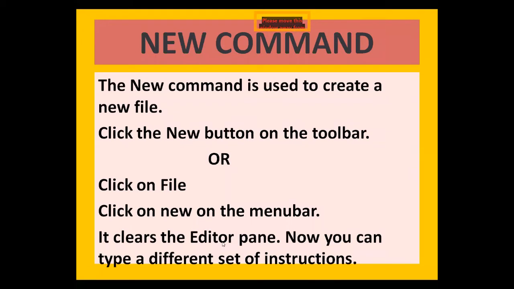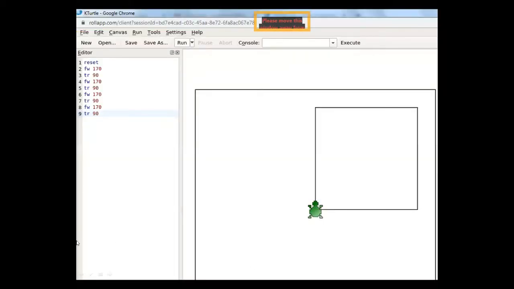It clears the editor pane. Now you can type a different set of instructions. When you create a new file, it clears all the commands and you can type a different set of instructions.